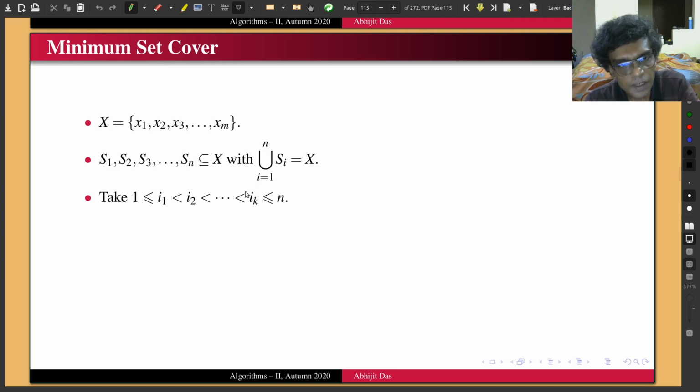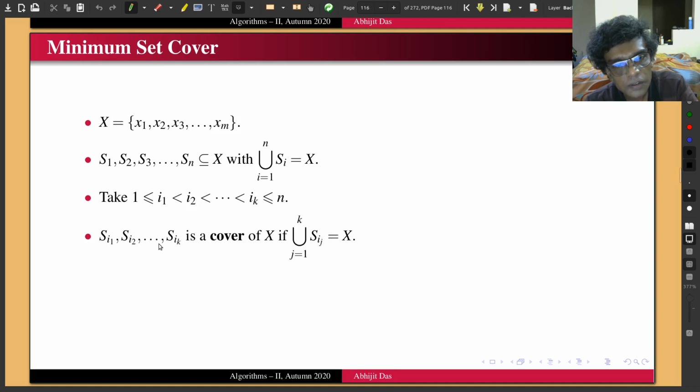So these sets are said to cover X, or are a cover of X, if their union still remains the entire universal set X. And the minimum set cover problem has to deal with finding a cover with as few subsets as possible.